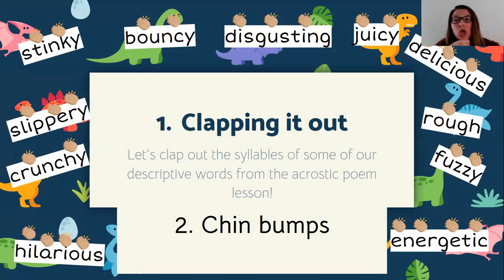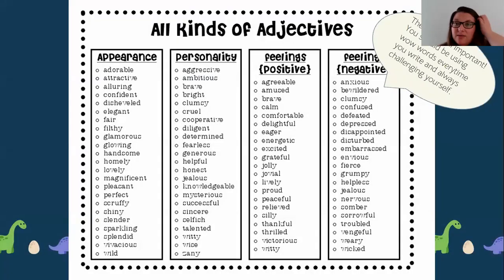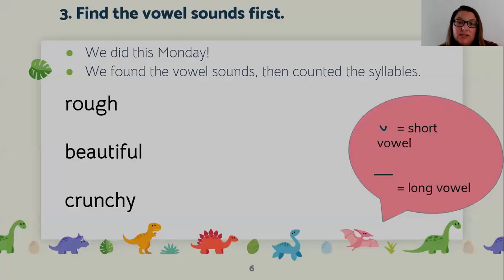Again, juicy, it goes down twice, rough once, fuzzy twice, crunchy twice, slippery 3 times. Those are 2 ways. Remember that you are going to use your adjectives for this. Here's a list to help you if you want to think of some others.